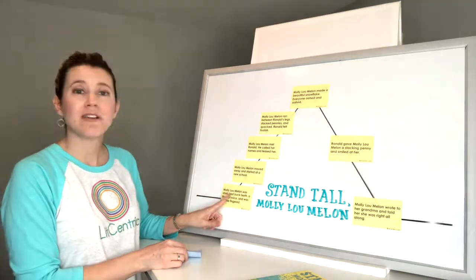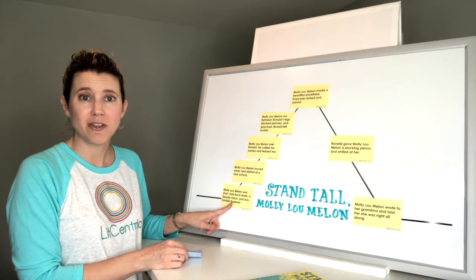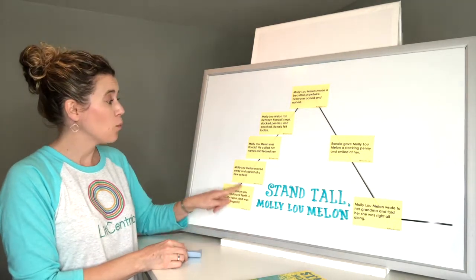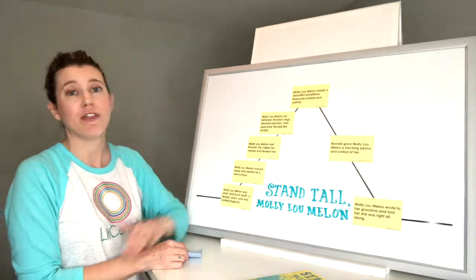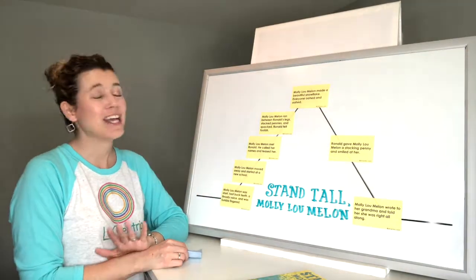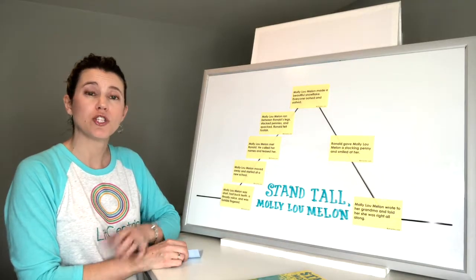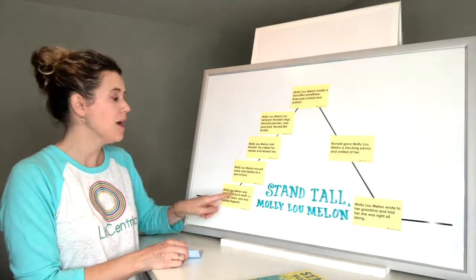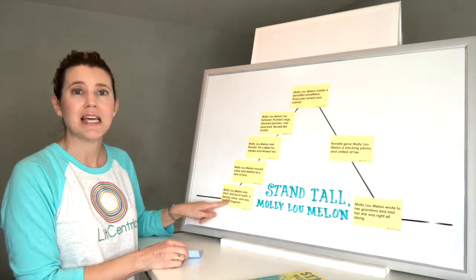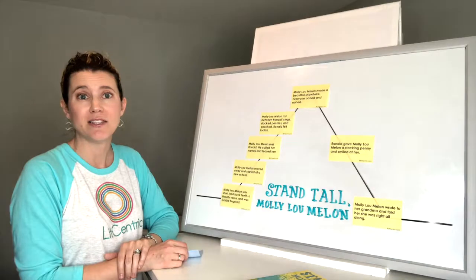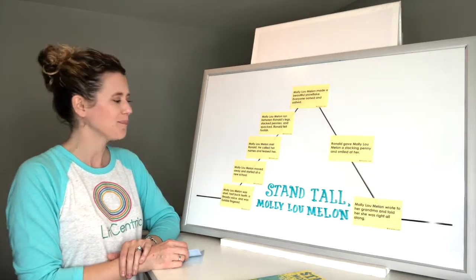We're not dedicating several sticky notes to those details, because we would have probably 8,000 sticky notes on our chart, and it would be too much for kids to process. Because we're not trying to retell the story, we're just trying to sum it up and get the deeper meaning, I summarized those all on one sticky note. And we've done that throughout the piece so that we're not managing too much information.